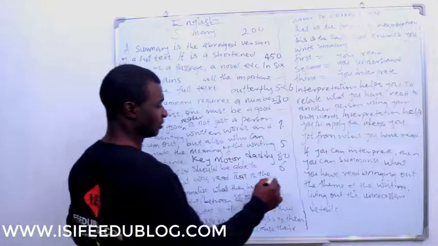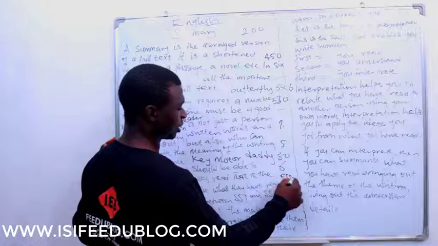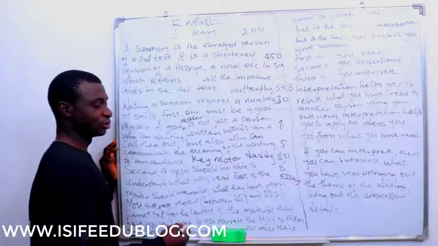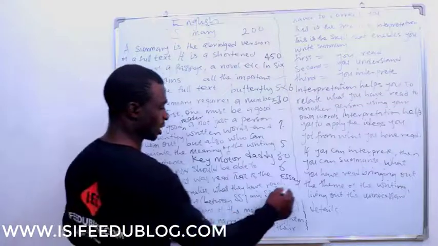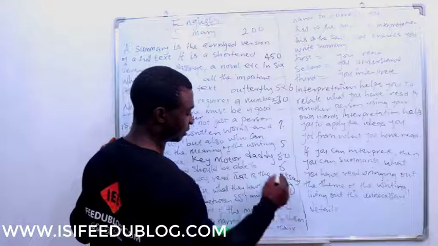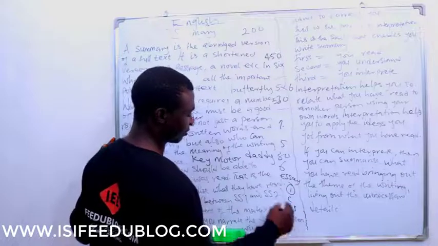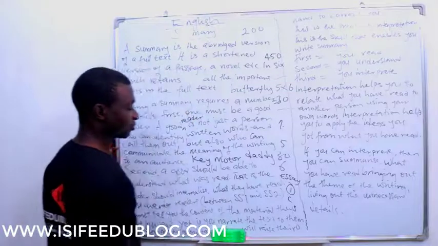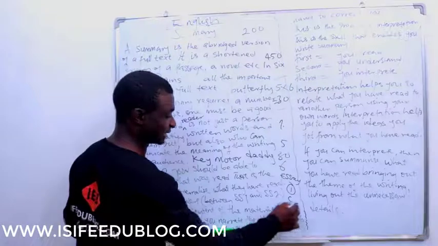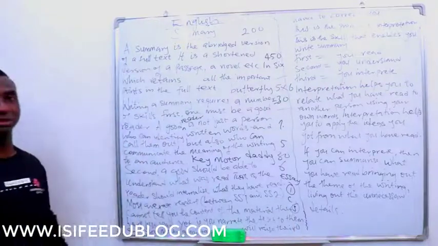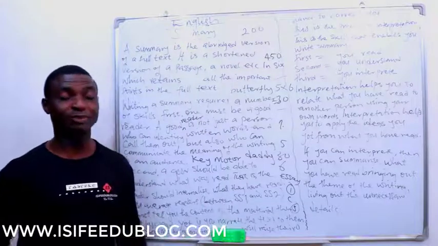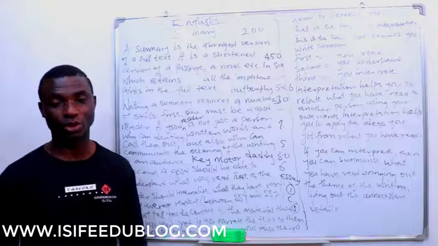You have the essay, where you have 5 questions to answer 1, so you pick 1 from that. Then you have the comprehension, then the summary, then the objective questions. In all of this, the easiest place to grab marks is in the summary. I tell you that. Yet, it is still the most difficult part of the English language to a whole lot of people.